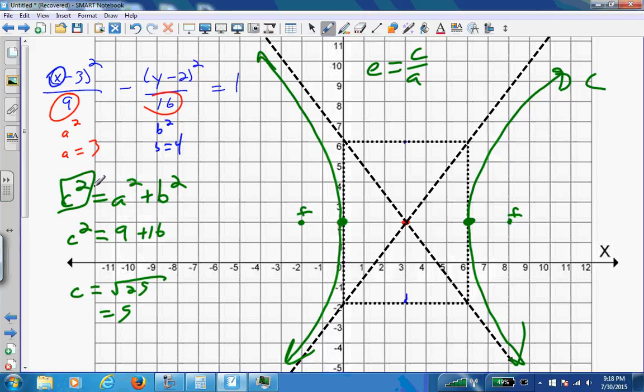So c is always going to be bigger. Since c is bigger than a, the eccentricity is always going to be bigger than 1 for a hyperbola. So eccentricity between 0 and 1 is an ellipse. Eccentricity bigger than 1 is a hyperbola. Eccentricity of 0 is a circle.